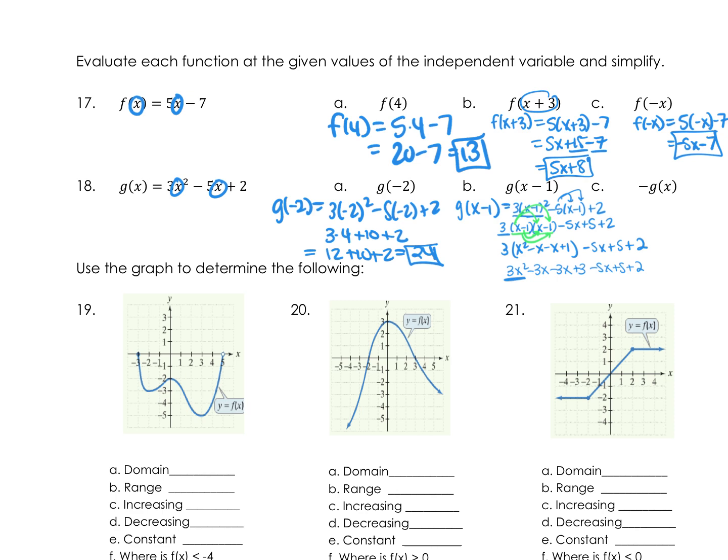There is nothing to combine with 3x squared because it's its own term. So then we can combine negative 3x and negative 5x. They just combine as is. So negative 3 minus 5, that'll be negative 8x. And then we have the constants, 3, 5, and 2. Those are all positive, so those will become plus 10. And that is our final answer for b.